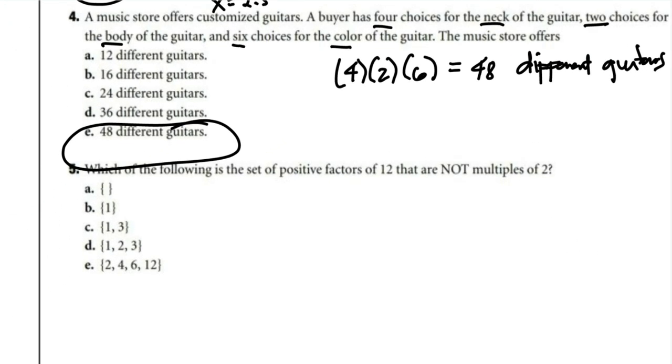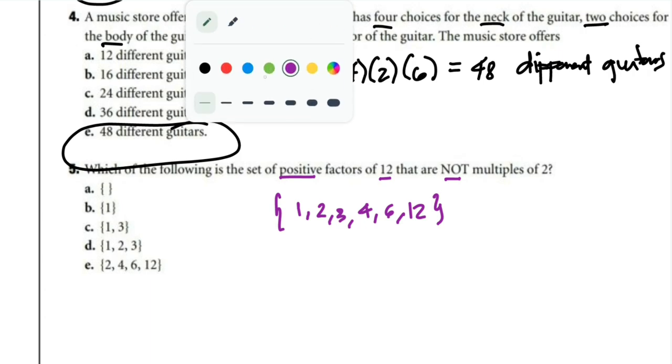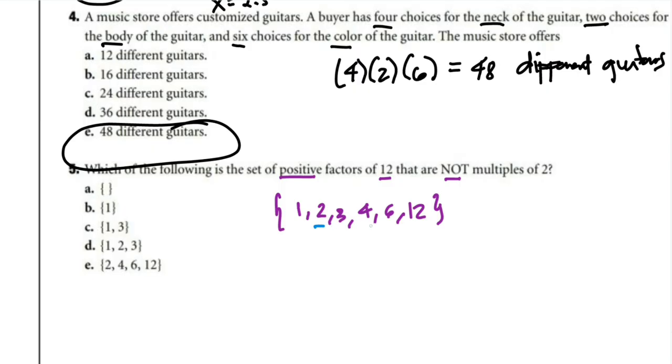Number 5. Which of the following is the set of positive factors of 12, positive, that are not multiples of 2? So what are the positive factors of 12? We have 1, because 12 is divisible by 1, 2, 3, 4, 6, and 12. All of the even numbers here are multiples of 2.